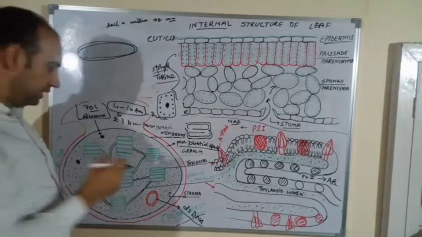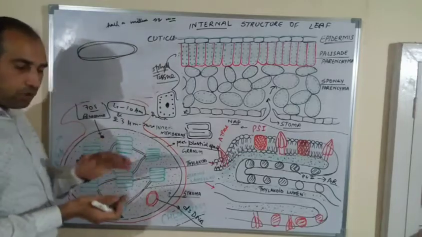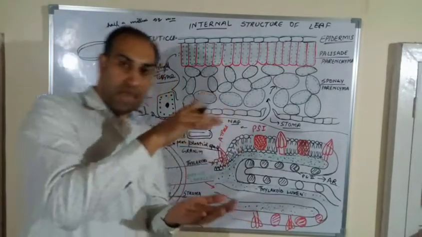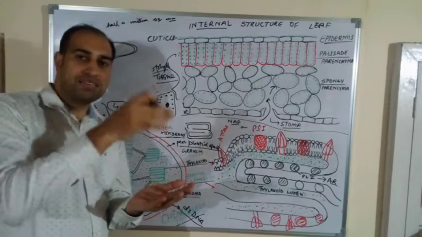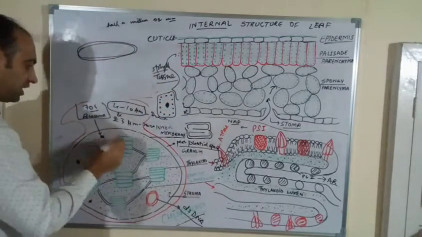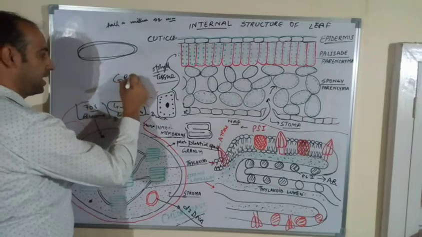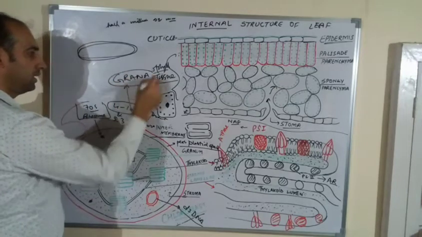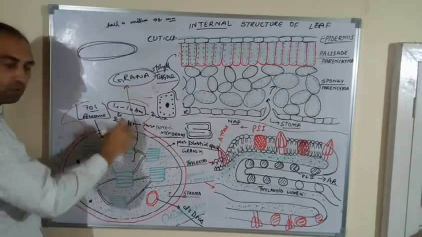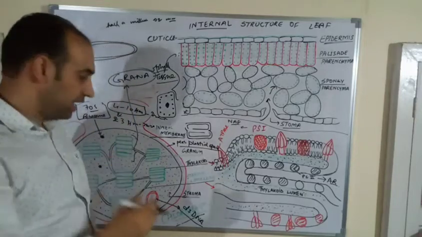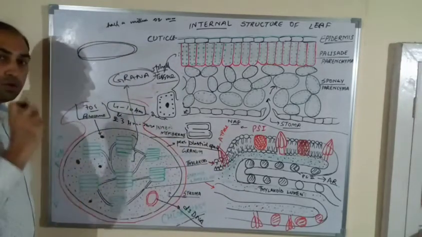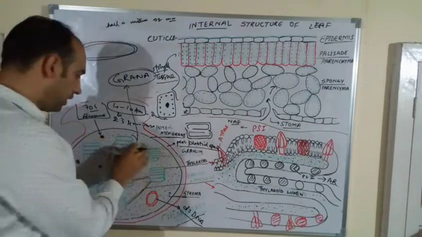These thylakoids get arranged one above the other like piles of coins to form a structure known as your grana. Thylakoids one above the other are known as grana. An individual unit is known as a granum.